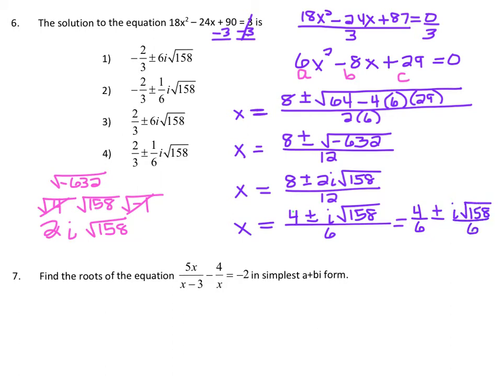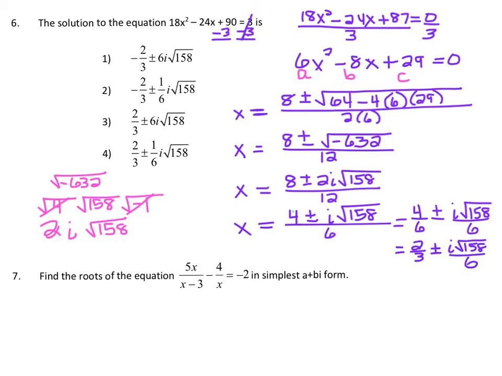And then if you look further, you want to see, do any of these individual fractions simplify? This one does. 4 over 6 simplifies to 2/3. So this is 2/3 plus and minus i radical 158 over 6.